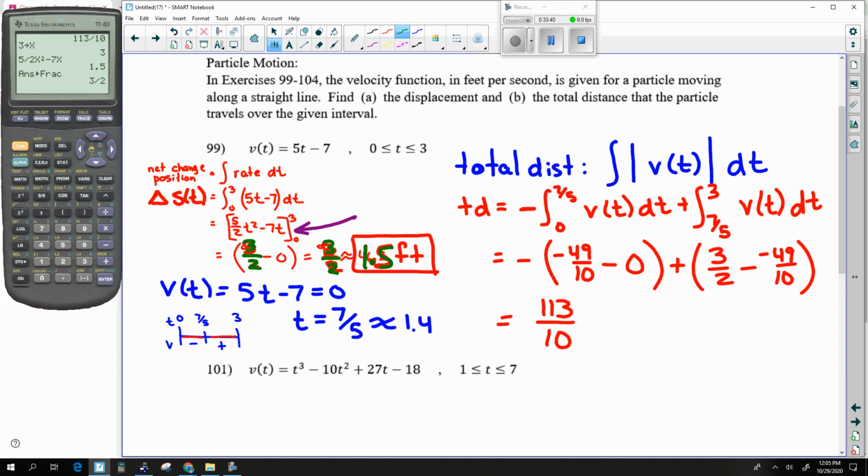So totally, I traveled 1.5 feet, but in all actuality, I really traveled whatever 113 divided by 10 is. I actually traveled 11.3 feet, but net change, I only traveled 1.5 feet.